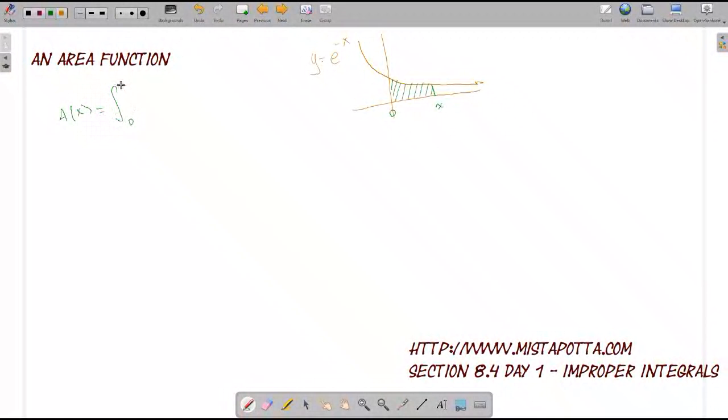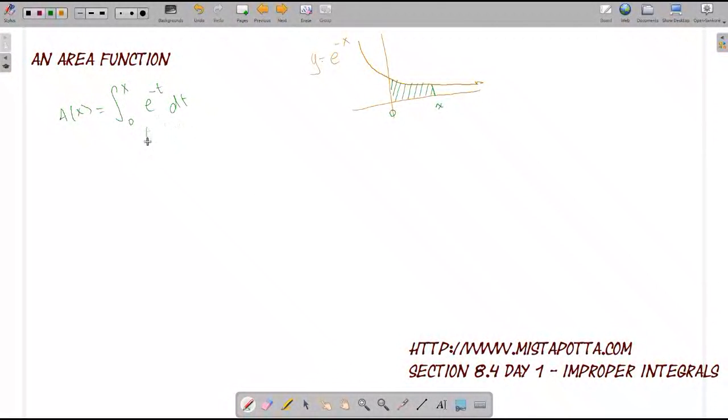The integral from 0 to x of my function e to the negative t dt.